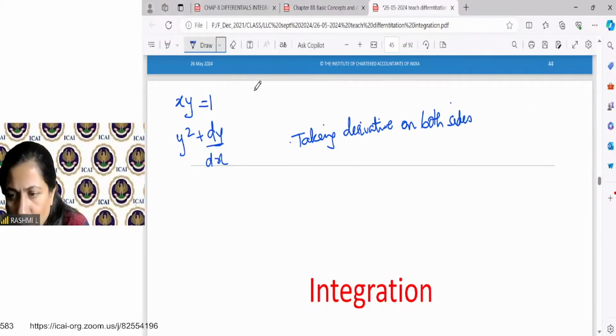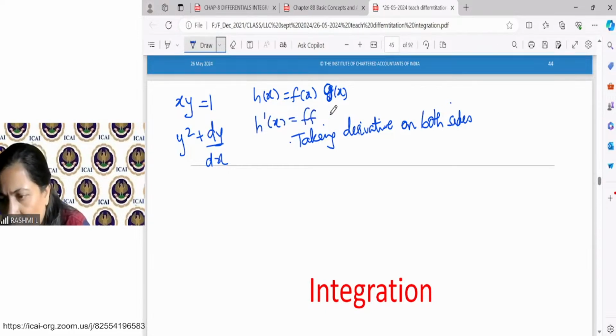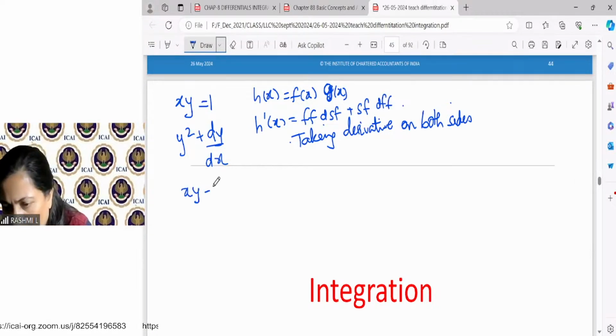What will I use? I will use hx is equal to fx into gx. So what will be h dash x? It will be equal to first function into derivative of second function plus second function into derivative of first function. Okay. So I have xy is equal to 1.